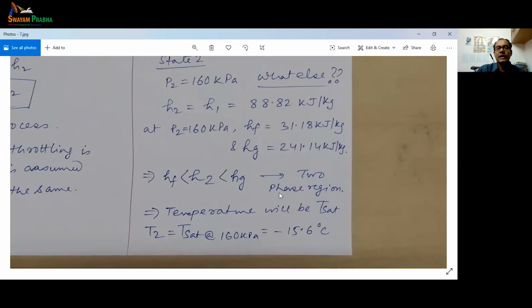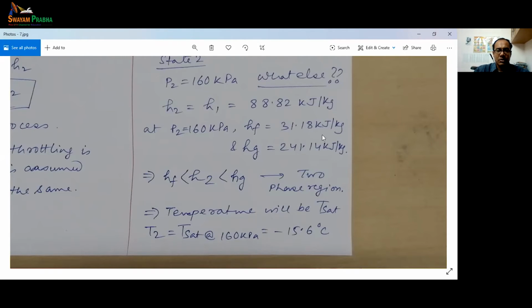So directly we can see that this is within the two-phase region corresponding to pressure 160 kPa, right? If it is within the two-phase region, the temperature will be T saturated. So T2 will be T saturated corresponding to pressure 160 kPa, and that value is minus 15.6 degrees centigrade.